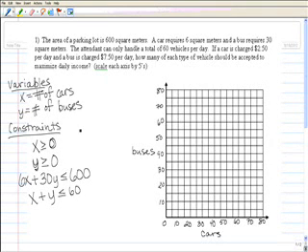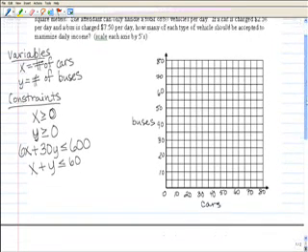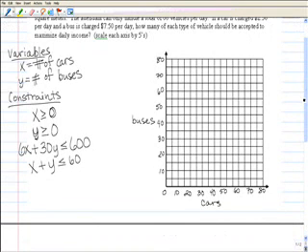Alright, so in just a moment we're going to graph all of these inequalities, but maybe what we should do first is make sure that all of these are in a form that makes it easy for us to graph. So let's look at 6x plus 30y is less than or equal to 600. If I'm trying to get y by itself, I'm going to subtract 6x from both sides.